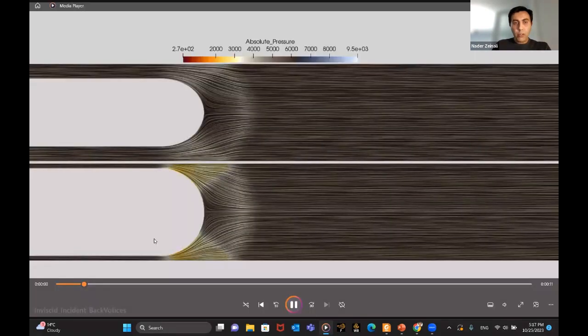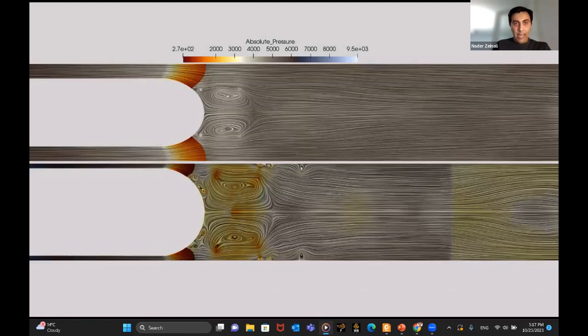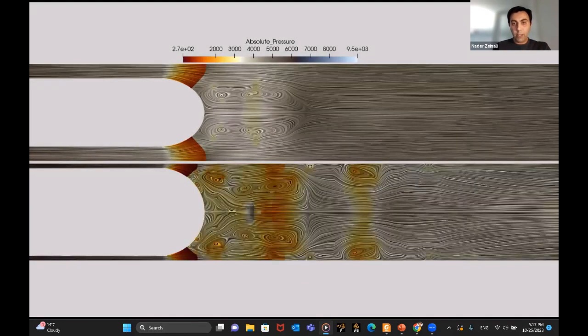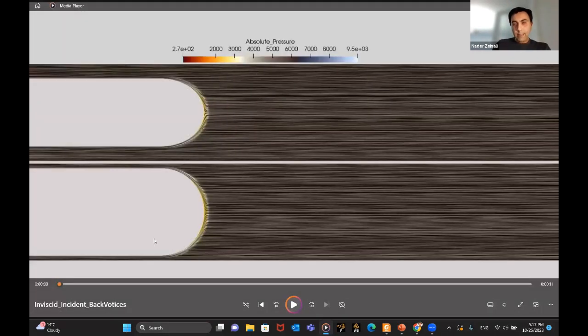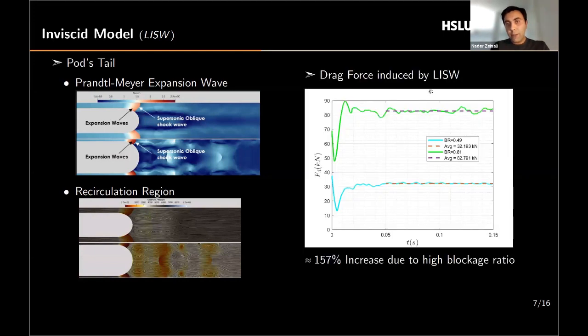Here I also have an animation which shows how these vortices are generated. The background is the pressure, and you can see that for the higher blockage ratio, overall the pressure is less than the lower blockage ratio. This low pressure at the back and high pressure in front will increase the drag force.